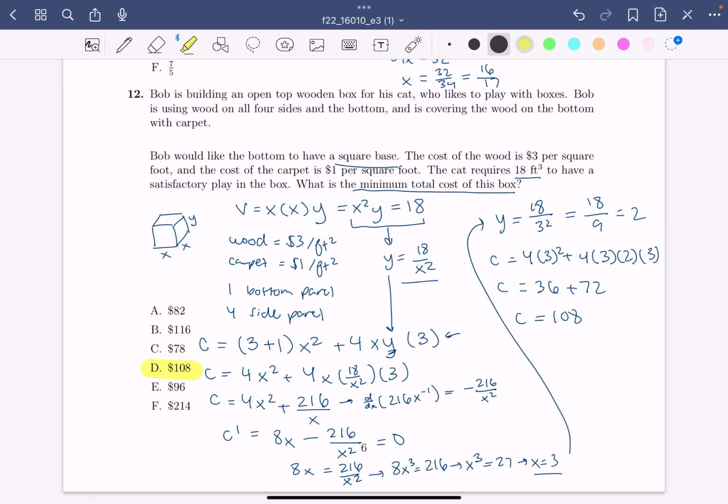We took the derivative of said cost and set it equal to 0 to find the minimum cost, because wherever the derivative equals 0 is where there could be a min or a max, in this case a minimum. Then we solved for x, then we solved for y, and we plugged those back into the cost equation to get the overall cost, which was again $108.